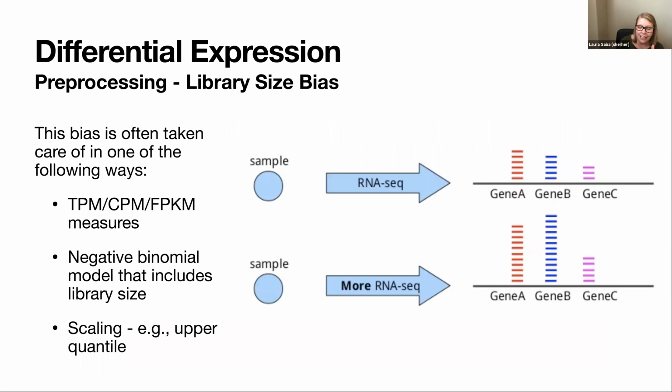There's definitely a library size bias, so we never compare just raw reads to each other, right? So in this example, if we compared this first example to the second example, just looking at gene A, we'd say that there's twice as much expression for gene A in the second sample.